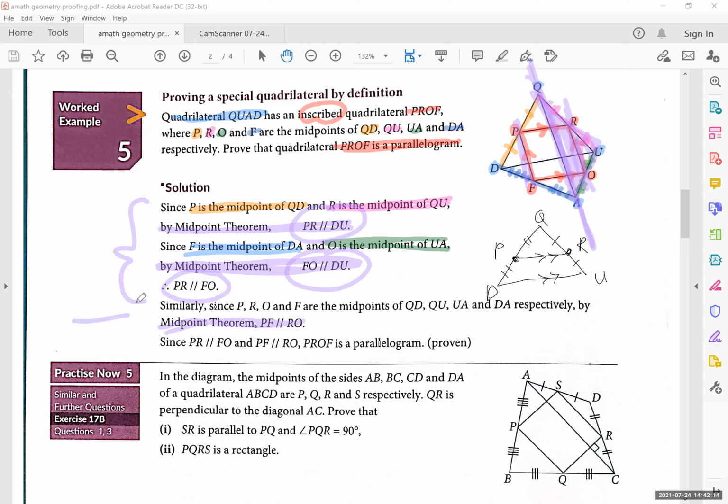Therefore, similarly, if these are all the midpoints, we can derive using the midpoint theorem that PF is parallel to RO. And with that, since we have two pairs of parallel lines, we can say that PROF is a parallelogram. And that's it for using midpoint theorem in this kind of question.